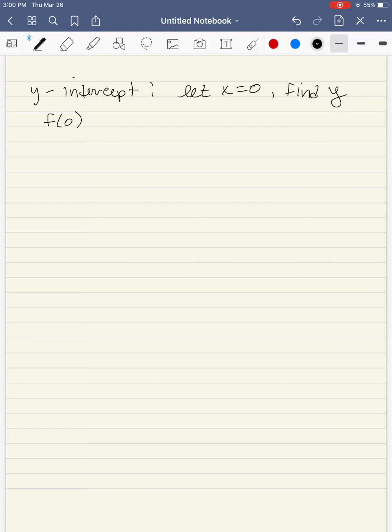So if I plug 0 into my original function, notice that all of the first part where the x's are goes away, and I'm just left with the ratio of the constants. Remember how we've seen in our other functions that the constant, the number at the end, is always the y-coordinate of the y-intercept?